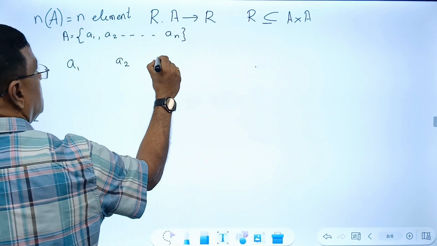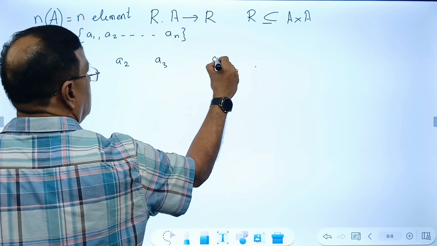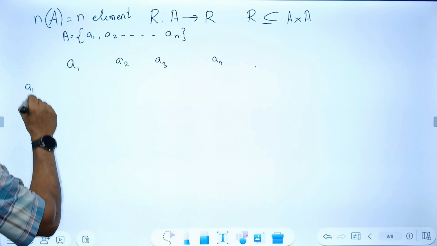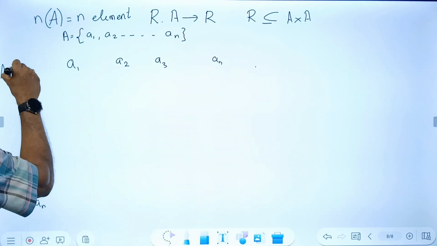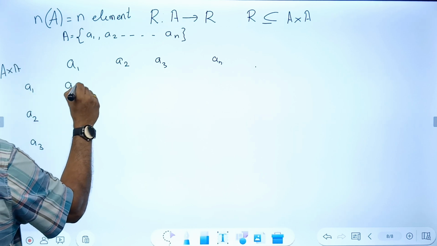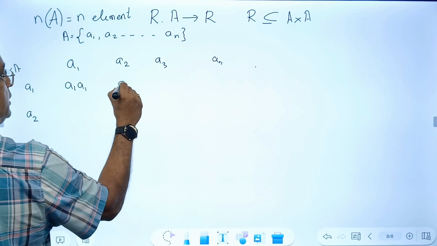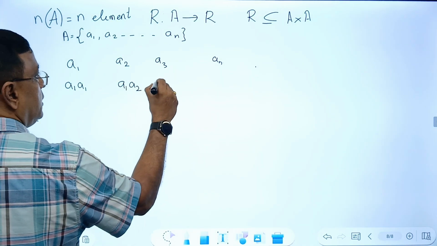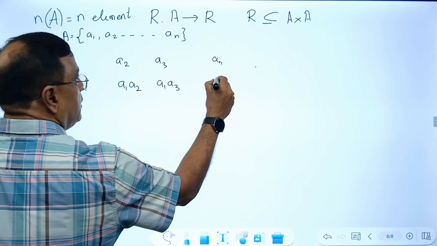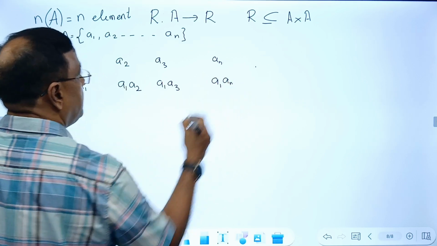So what will be A cross A? A cross A will be (A1,A1), (A1,A2), (A1,A3), up to (A1,An).